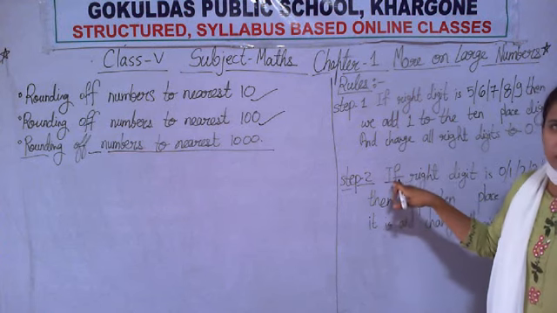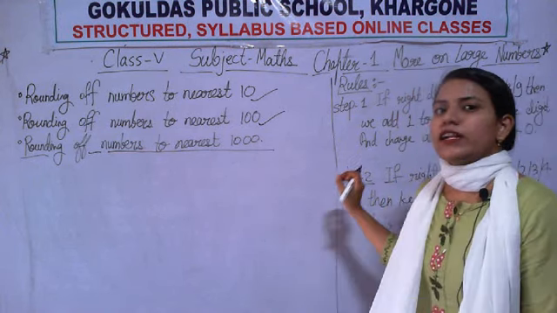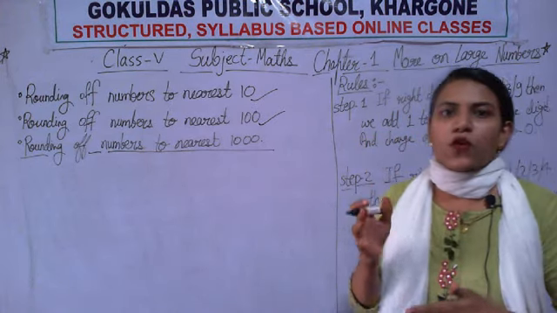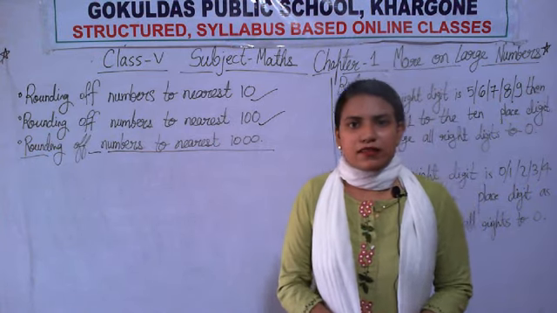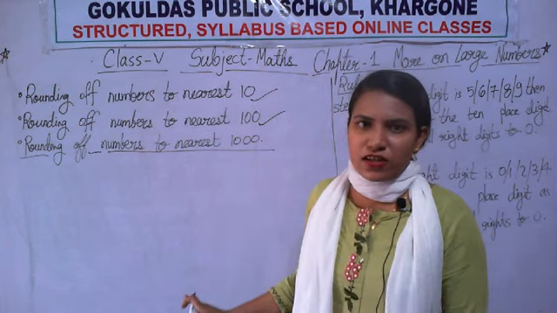And what was rule step 2? If the digit is 0 or 1 or 2 or 3 or 4, then we keep the tens place as it is and make the right digits 0.